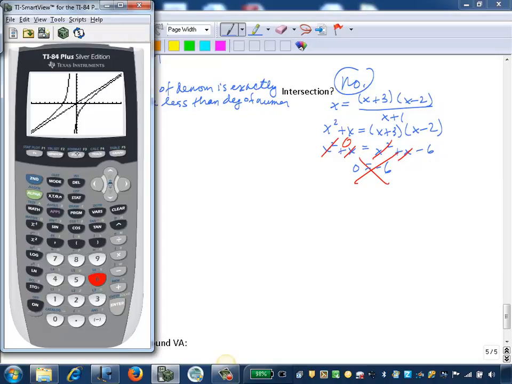If we zoom out, so option 3, and then hit enter, there's my function, and there's the graph of my line, y equals x. So you can see that in the middle, they look different, but on the ends here, it just approaches, it looks like the line y equals x. That's the definition of the oblique asymptote. As x gets large, our function approaches that imaginary line.